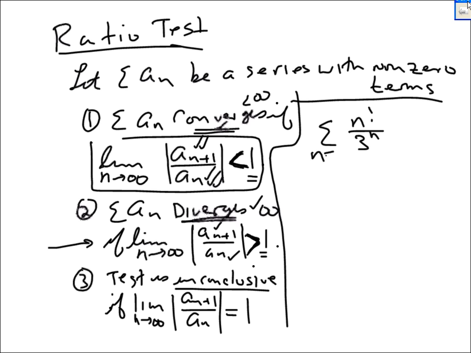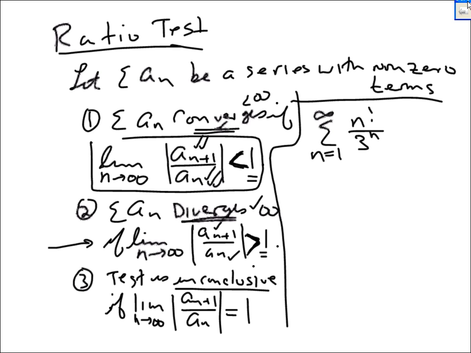Again, it doesn't matter where n starts from, whether it starts with 1 or 51. Because if it started at 51, that means you're not counting the first 50 terms. But that's going to be finite. You have 50 numbers, you get an exact answer. You've never added 50 numbers in your calculator and it said infinity or error.